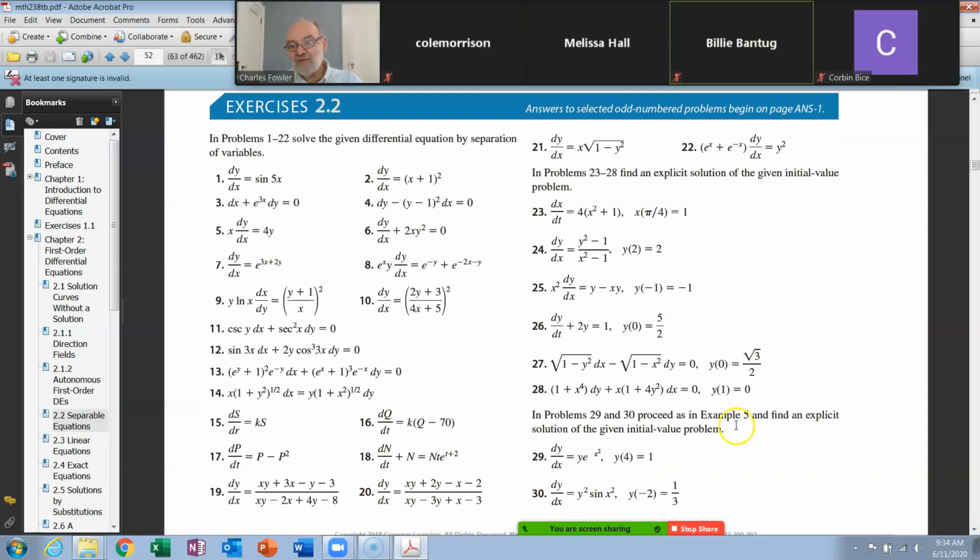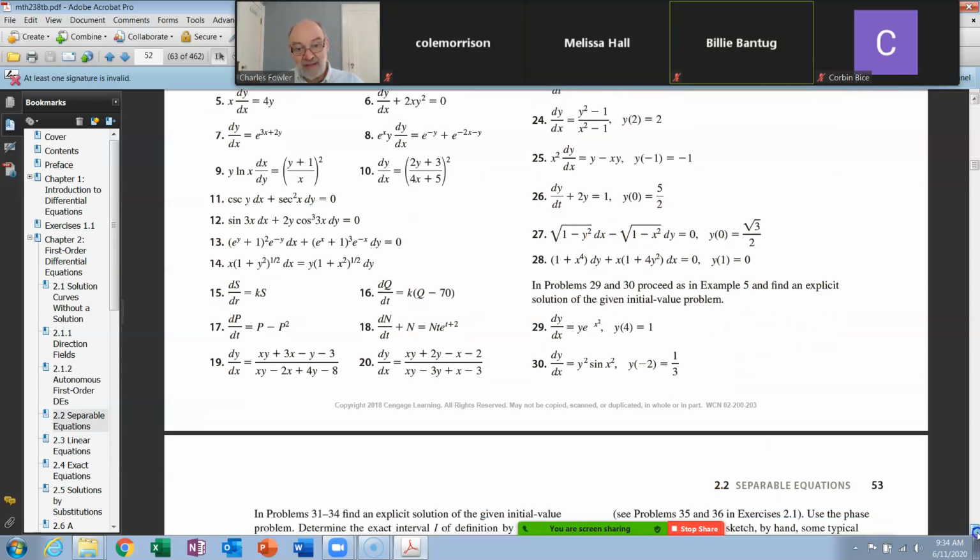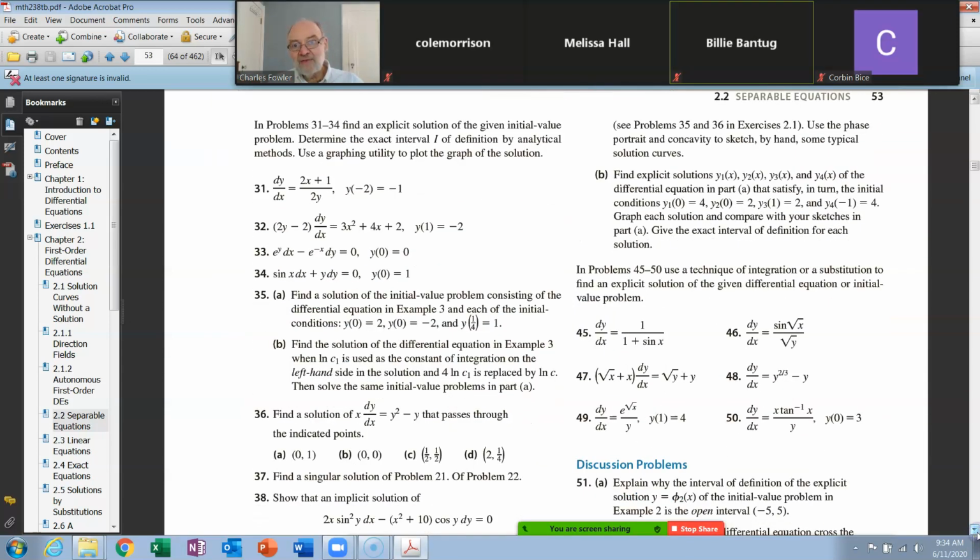Do any of the odds 1 through 21 that you find in the back of the book. Any of the odds 23 through 27 that you can find in the back of the book. Do 29, if it's in the back of the book. Then do either 31 or 33 if it's in the back of the book.